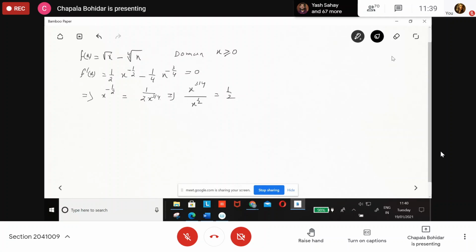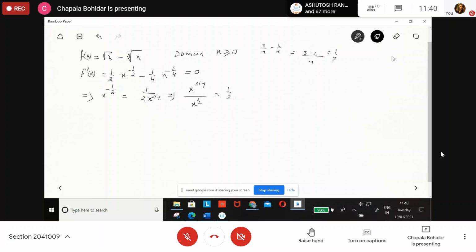x to the power minus half is equal to 1 by 2 x to the power 3 by 4. Clear? So I am taking this x to the power 3 by 4 up, and on this side writing x to the power half. So 3 by 4 minus 1 by 2, that is 3 minus 2 over 4, I am getting 1 by 4.